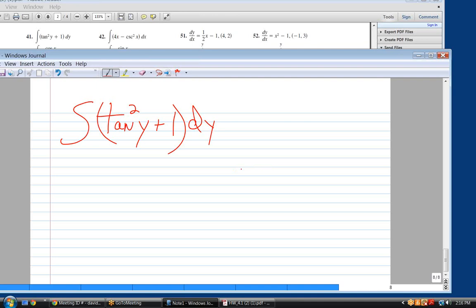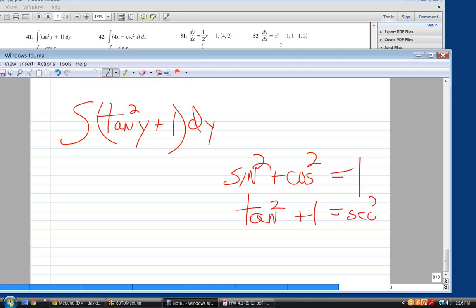There's 3 of them. Sine squared plus cosine squared equals 1. Tan squared plus 1 equals secant squared. And cotangent squared plus 1 equals cosecant squared.